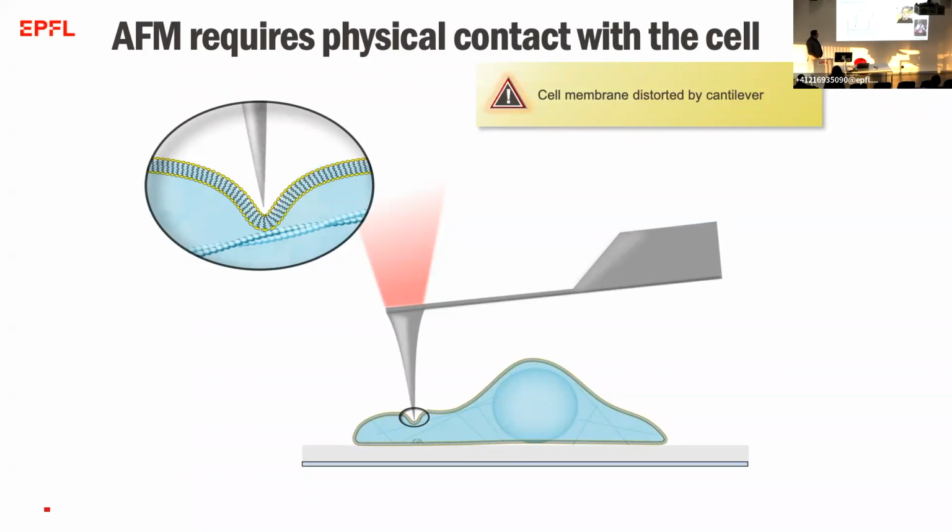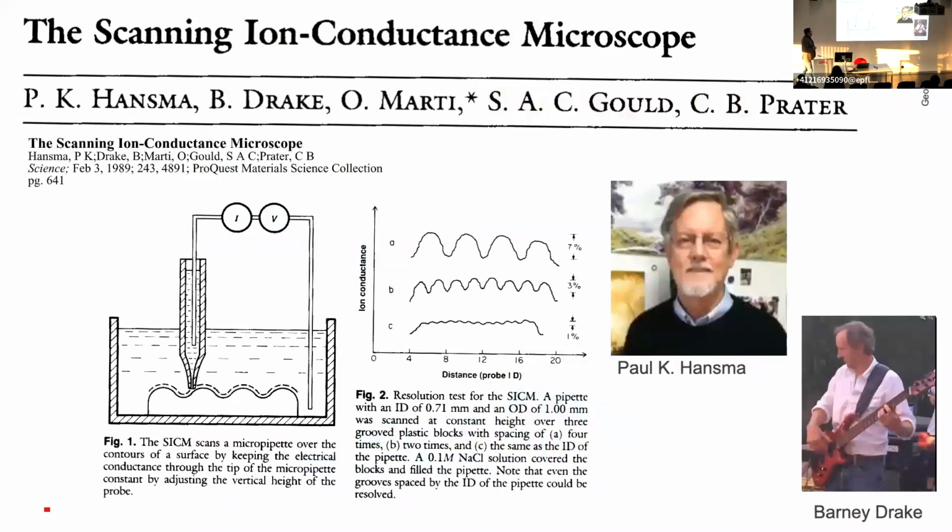Fortunately, much smarter people a long, long time ago realized that you could do other things. This was a paper that came out only a few years after the invention of the atomic force microscope, so it's actually almost as old. Paul Hansma and Barney Drake developed what they called the scanning ion conductance microscope.